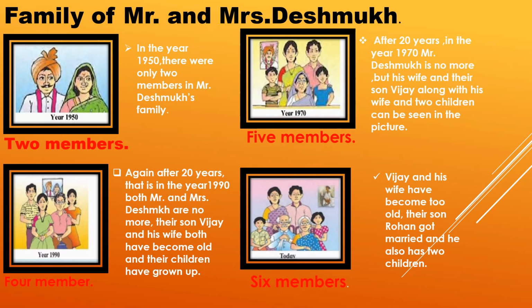So in this way we have observed Mr. and Mrs. Deshmukh's family. After every 20 years, the number of members has changed. They have either increased or decreased in the family.